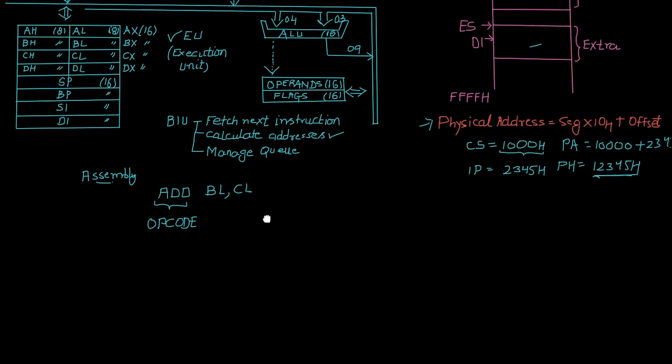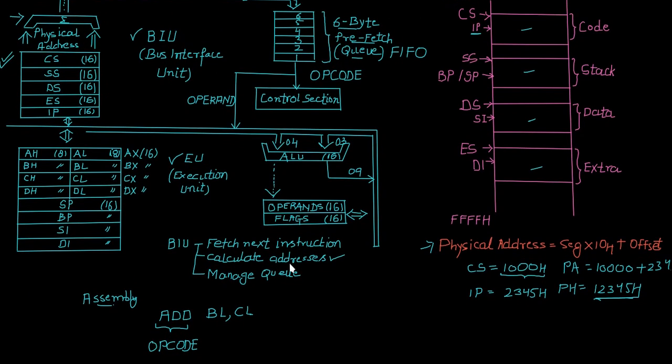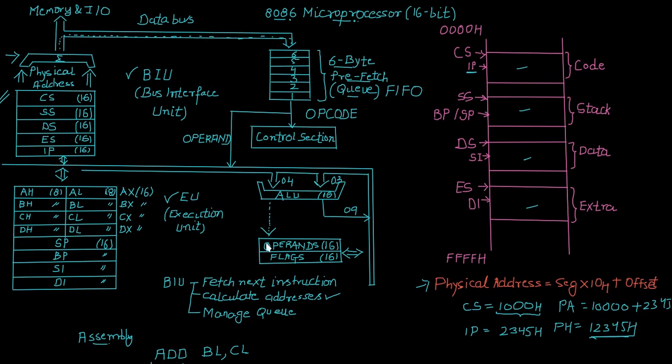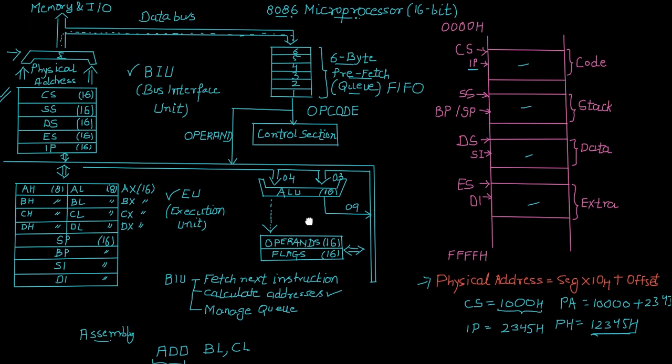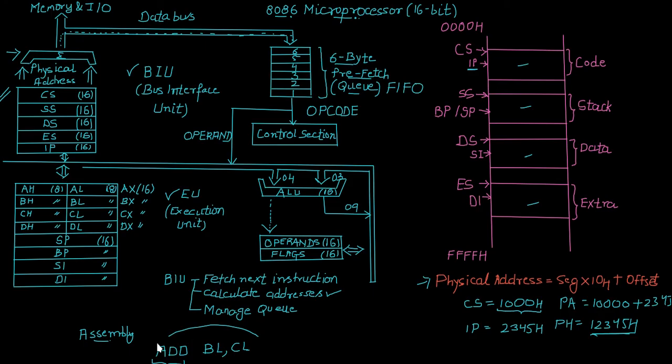So remember that the microprocessor can only execute an instruction if it is in a binary format. It cannot execute this assembly instruction which I've shown here directly. So the bus interface unit, when it passes the whole instruction, will first have to decode it, so that the execution unit can easily perform the instruction given to it.